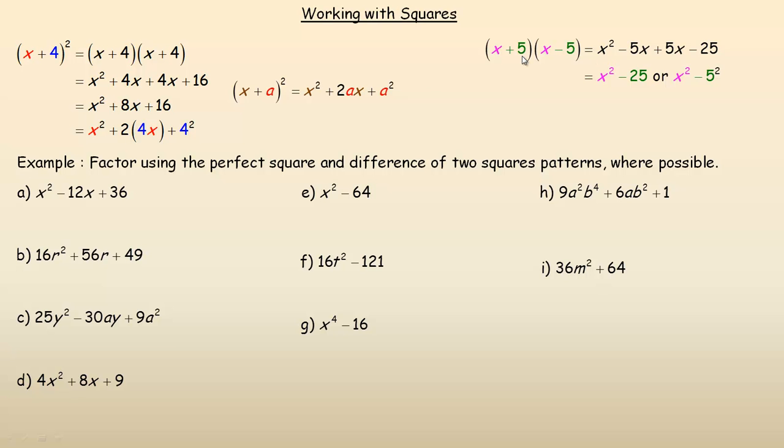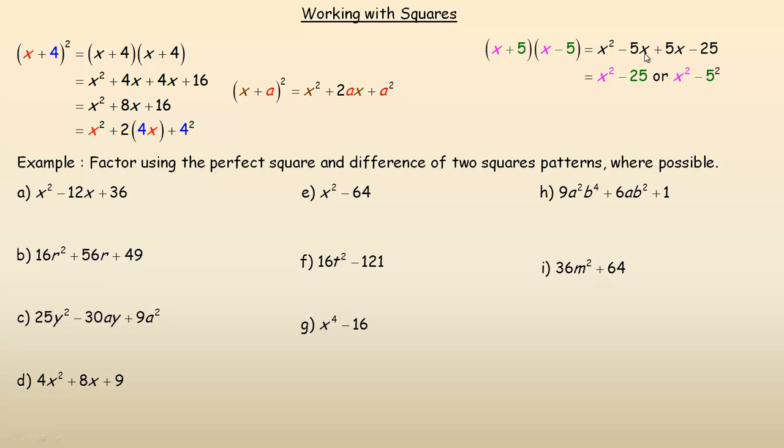Before we get to that, though, the other factoring pattern is if we're multiplying two binomials together. Now, in this case, the two binomials were the same. Over here, they're almost the same, except one has a plus between the two terms, and the other has a minus between the same two terms. Now, if you expand this out, x times x gives you the x squared, and x times the negative 5 is minus 5x. 5 times x is this 5x, and 5 times negative 5 is negative 25.